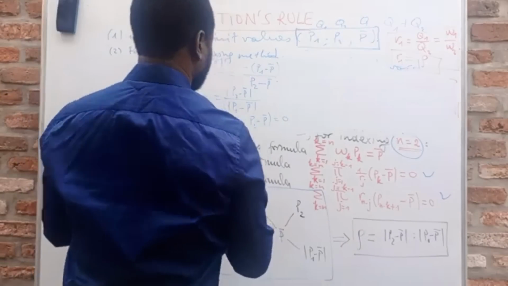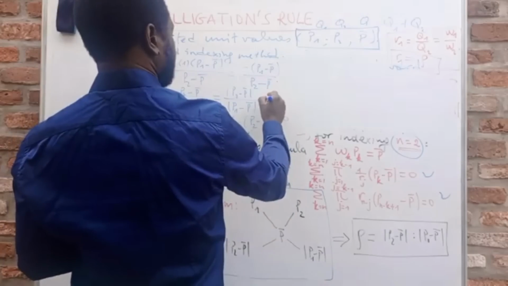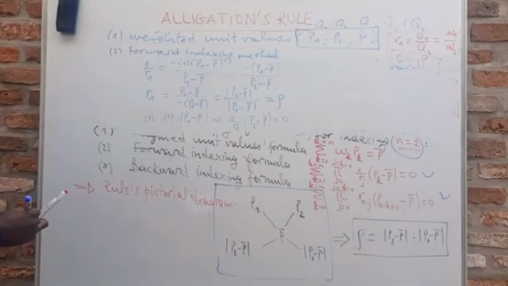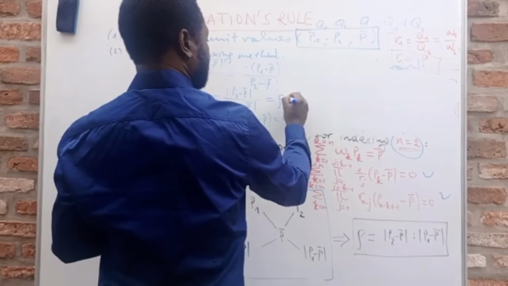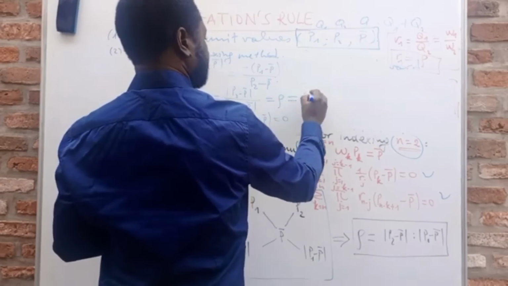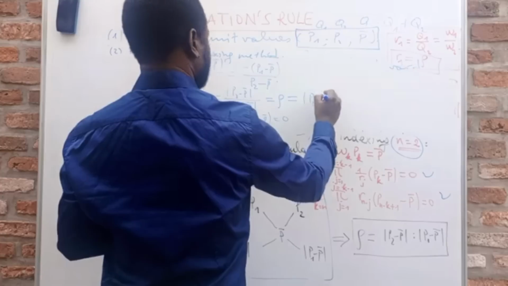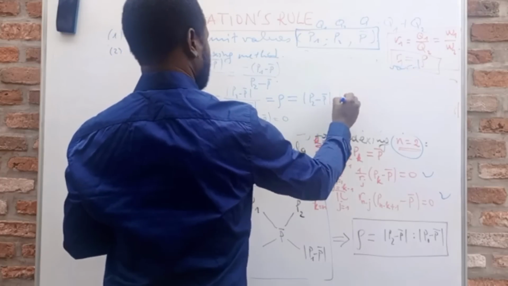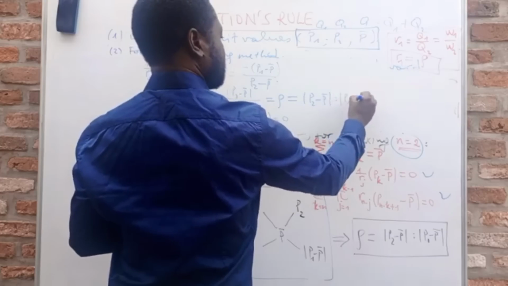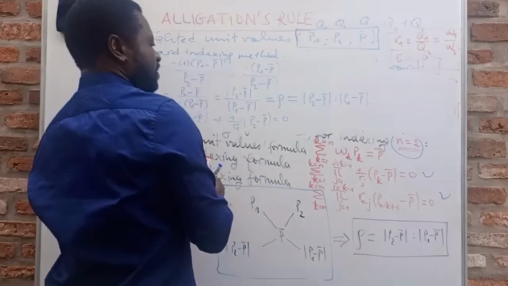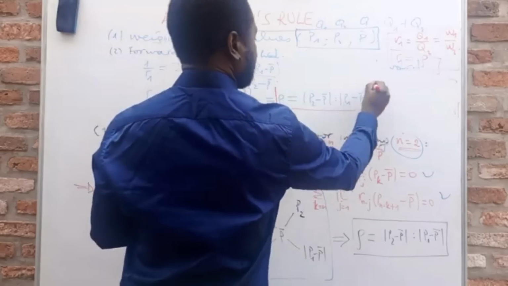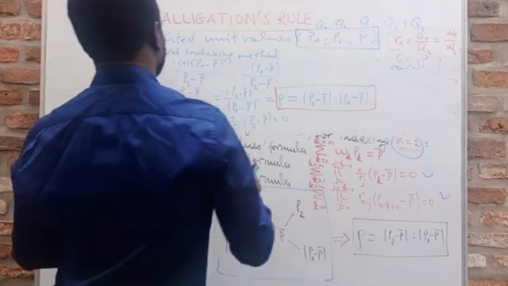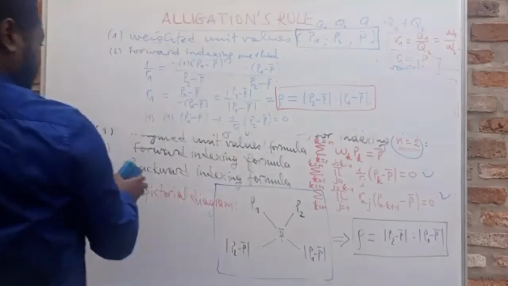So in this case we are going to conclude that this is the same as the ratio as it was asked. Another notation is P sub 2 minus P bar to P sub 1 minus P bar. So this is the ratio by the forward indexing method.